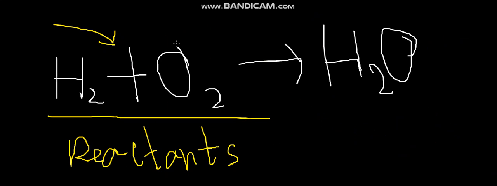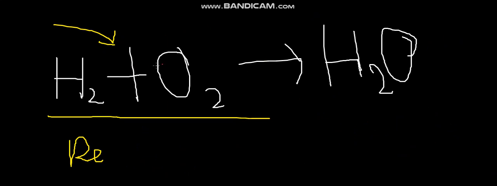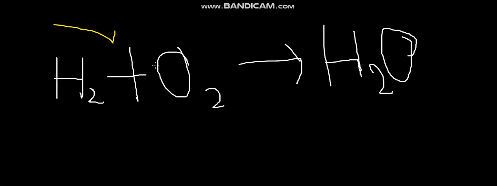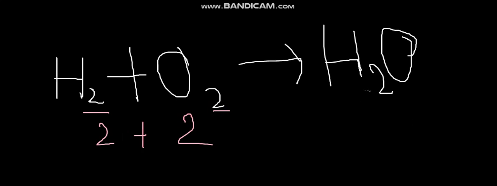When you are talking about a chemical equation, you must be clear about the concept of reactants and products. So let's balance it. If you look at this clearly, you will see there are two hydrogens here and two oxygens here, and on this side there are two hydrogens, but only one oxygen.